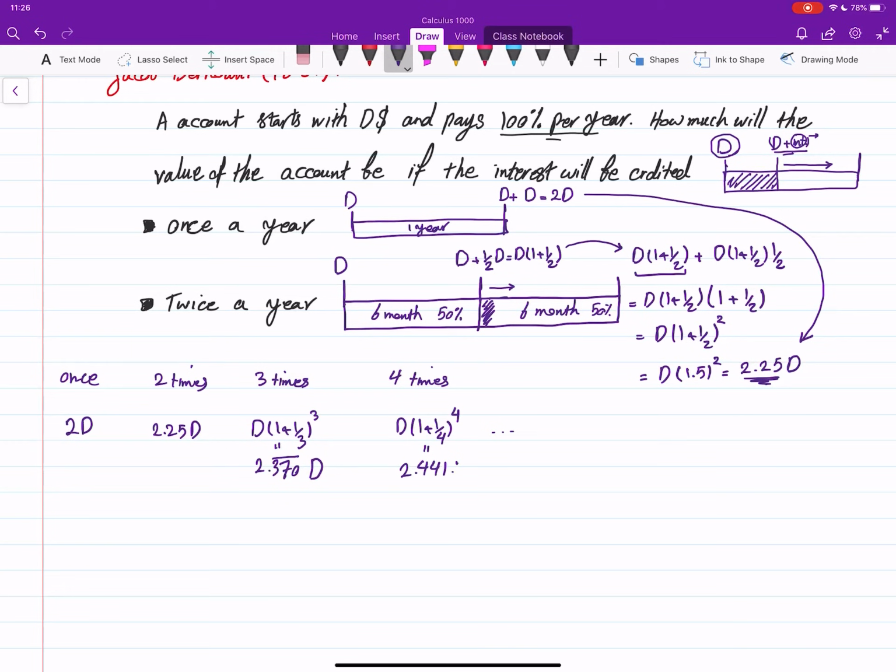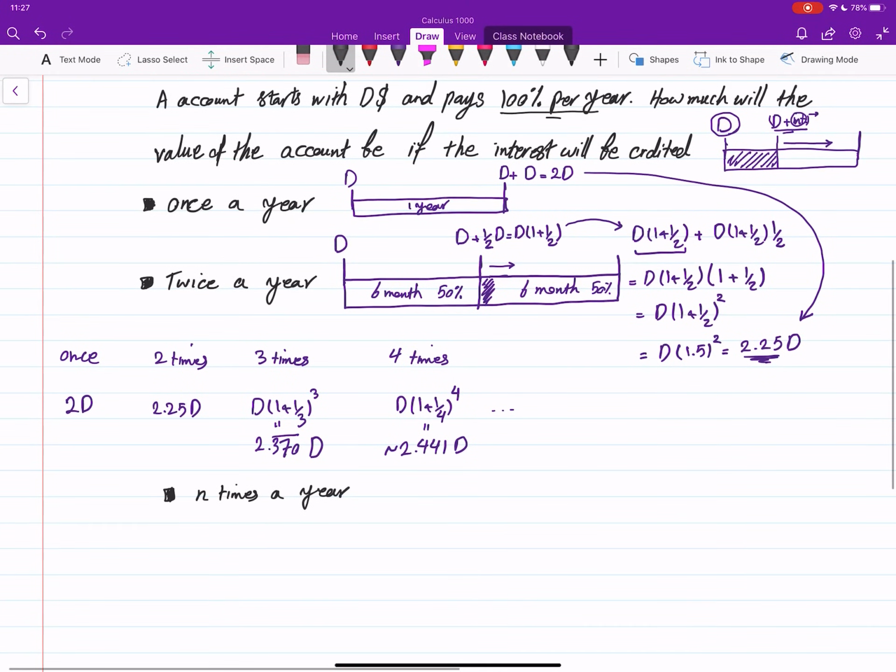Well, this continues a little bit, approximately this amount. And if you increase the number of these intervals in general, you see that if the interest is credited into the account n times a year, the final amount will be D times 1 plus 1 over n to the power n.